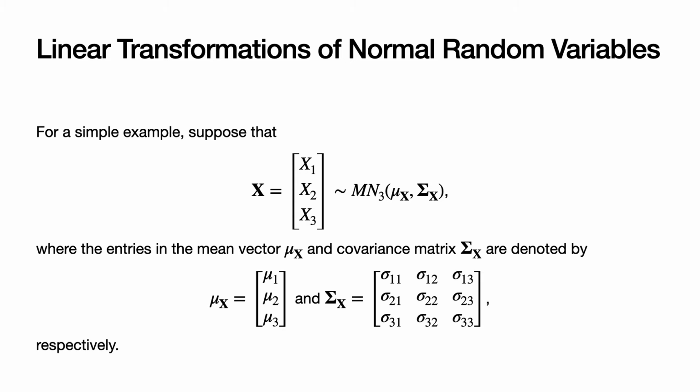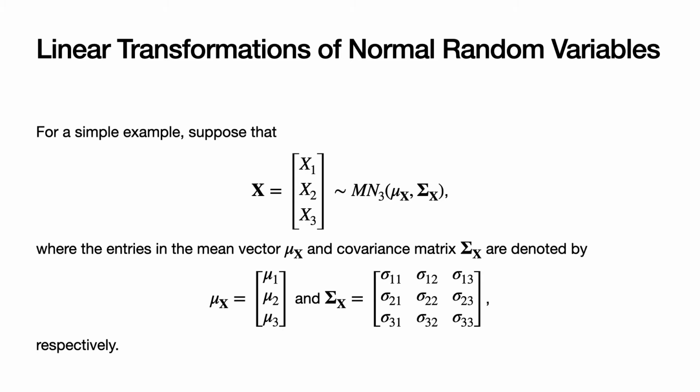And then the third row has entries sigma 3,1, sigma 3,2, and sigma 3,3. Now recall what these quantities represent in a covariance matrix. So sigma 1,1 is the variance of x1, sigma 2,2 is the variance of x2, and sigma 3,3 is the variance of x3.